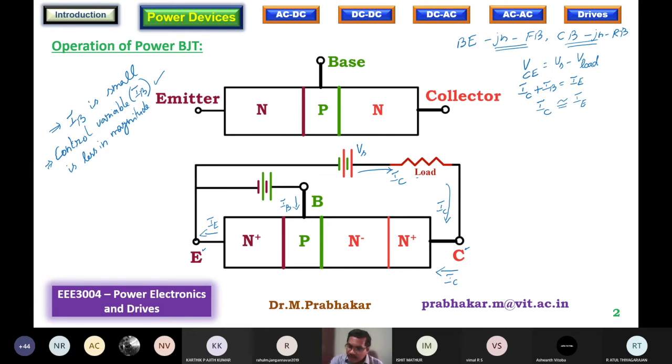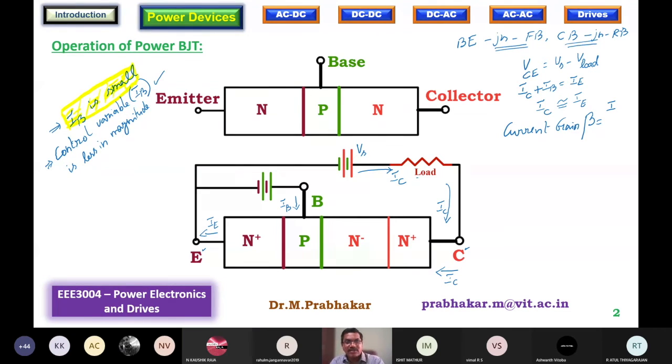For that to happen, you need to have a reasonable amount of current gain. Can you tell the expression for current gain? I will write the symbol beta for a normal signal level BJT. One more thing, look at the width of the layers.